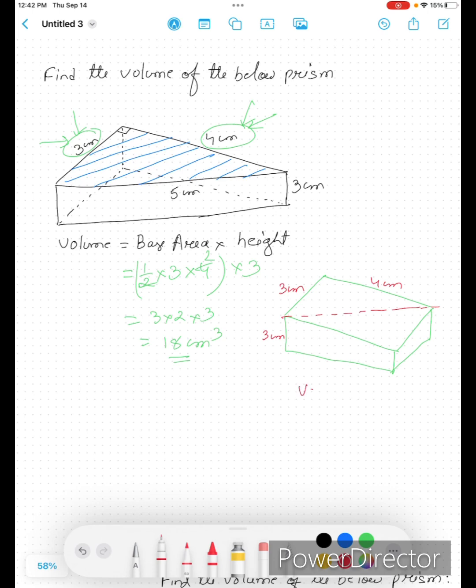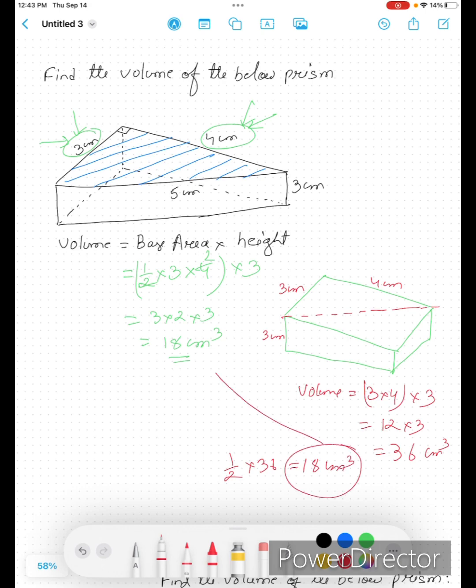So volume of this cuboid would be 3 times 4, which is base area, times 3, which is 12 times 3, is 36 centimeter cube. So volume of the triangular prism would be half of 36, which is 18 centimeter cube. Either way the answer would be same.